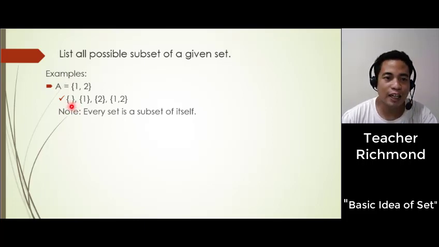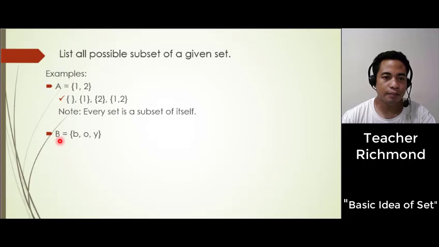So, these are the possible subsets of this set A. We have the empty set, we have 1, or element 1, and element 2. And note, everyone, that every set is a subset of itself. That's why for the fourth subset, we have 4 subsets in this set, and the fourth one is the set itself.